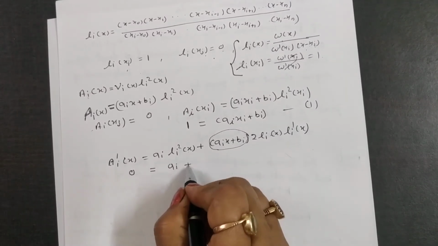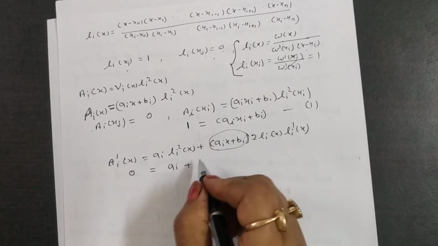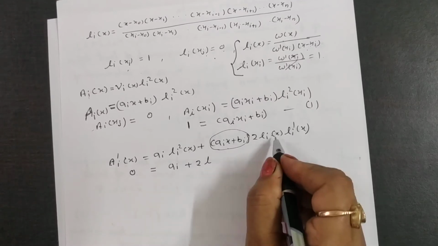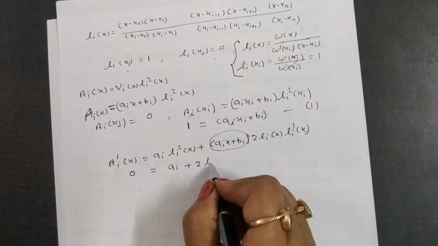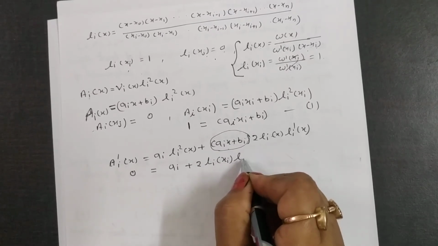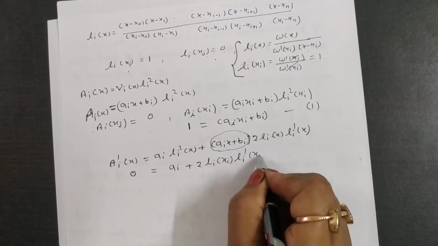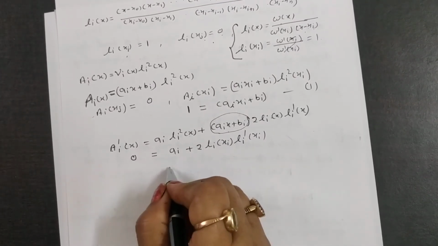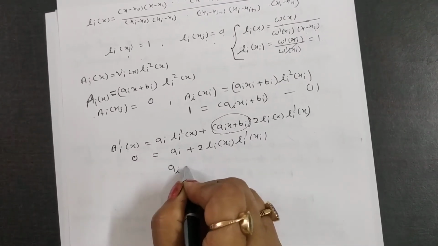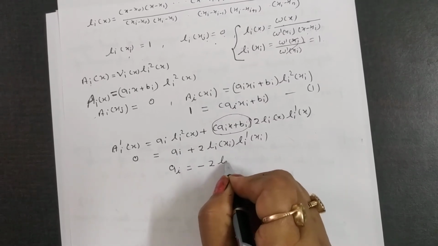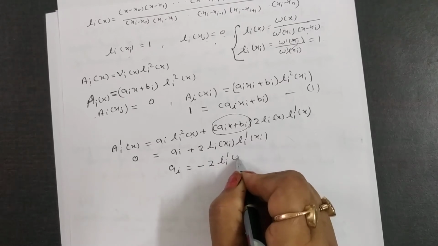And this is again 1, so you can write 2 times Li(xi) and Li dash(xi), which is again 1. So ai is equal to minus 2 times Li dash(xi).